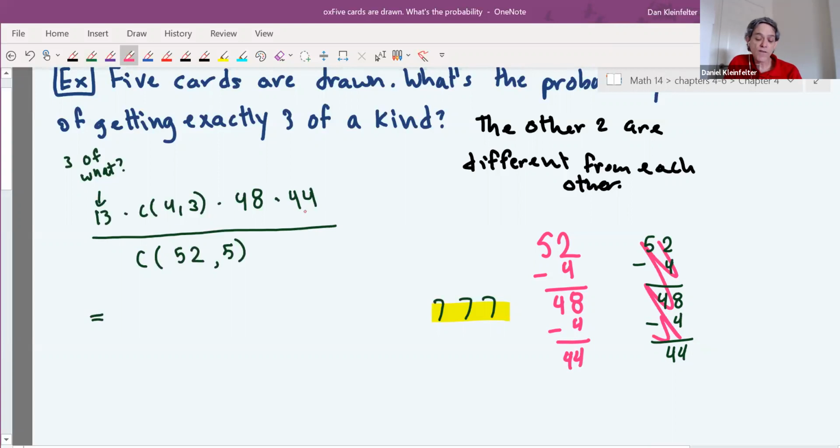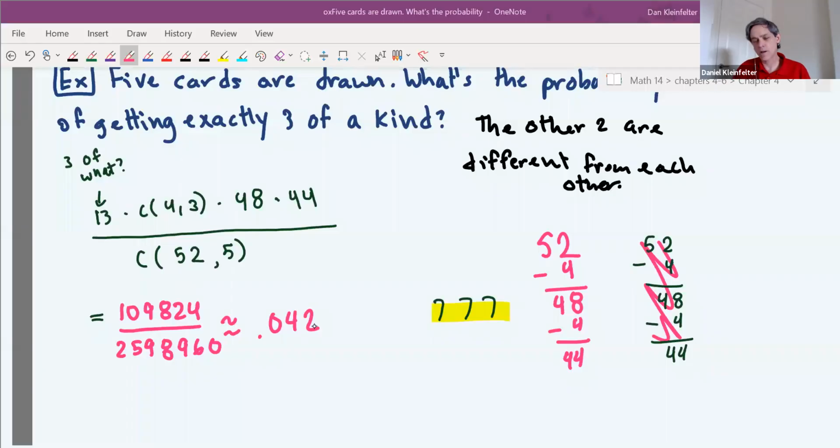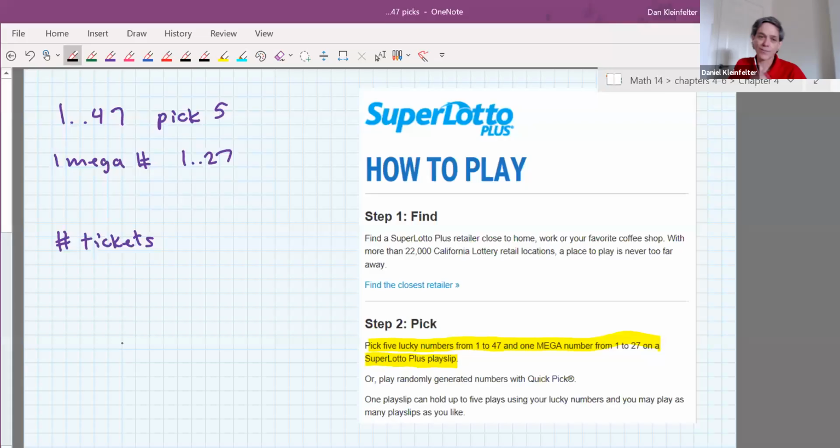So there are 44 choices for what that 5th card would need to be. That is a little complicated, but hopefully you're starting to get the hang of it. Let me get us a decimal answer for this. That ends up being right around a 4% chance after all that. Let me know if you have any questions on that example.